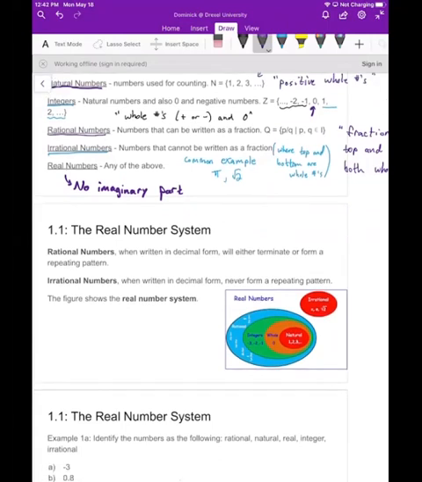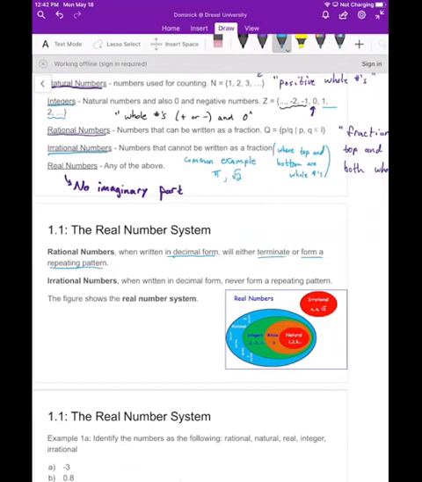Okay, now another helpful way to classify rational and irrational numbers is given by the following. If you have a rational number and you write it in decimal form, you're either going to get a decimal that stops, or you're going to get some kind of repeating pattern, right?